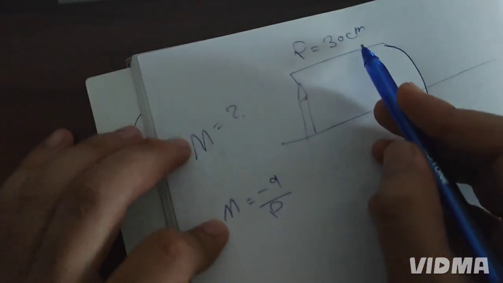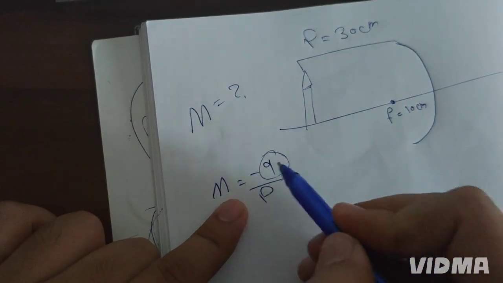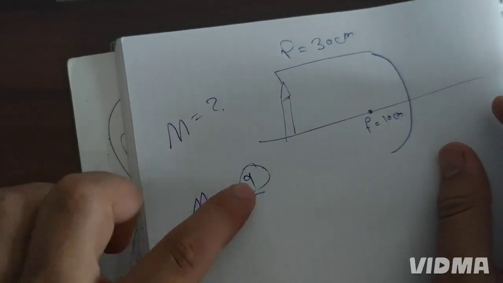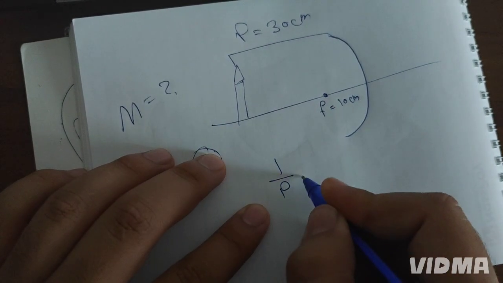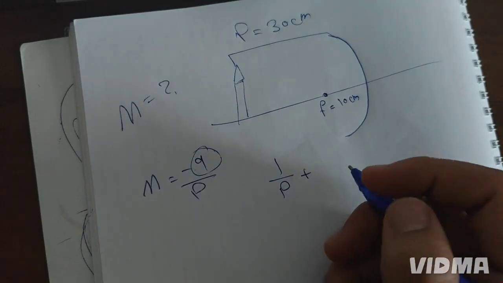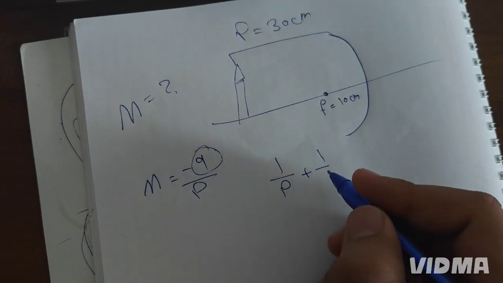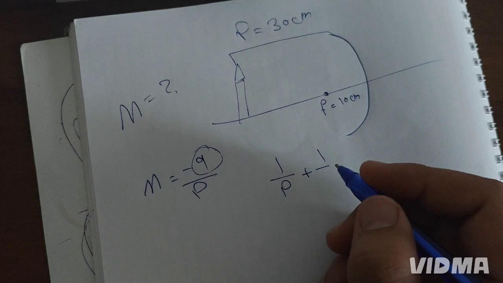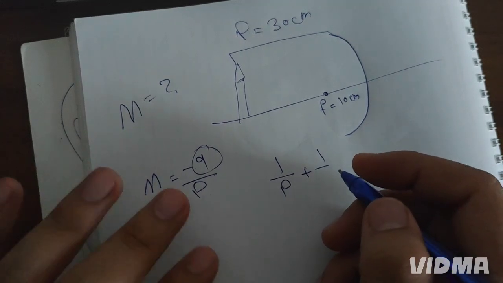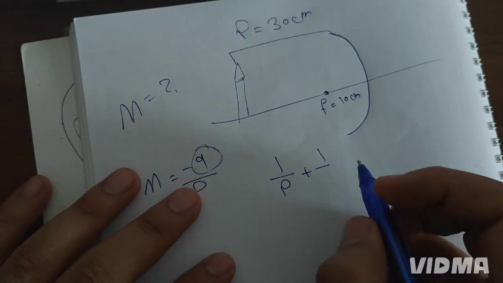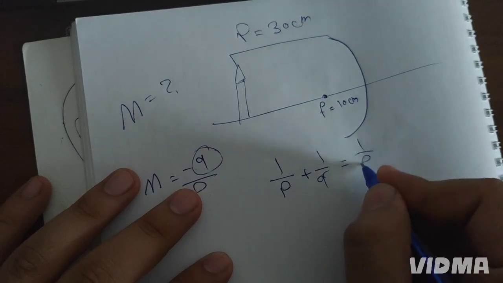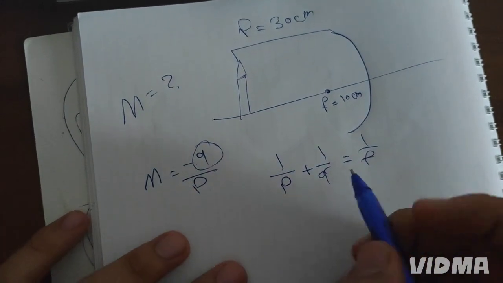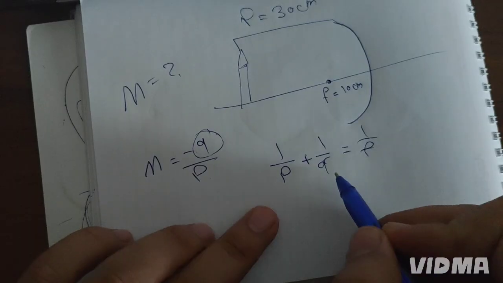Actually, we have P. P is equal to 30, but we don't have Q. You have to find the value of Q, the image distance. The rule is 1 over P plus 1 over Q equal to 1 over F.